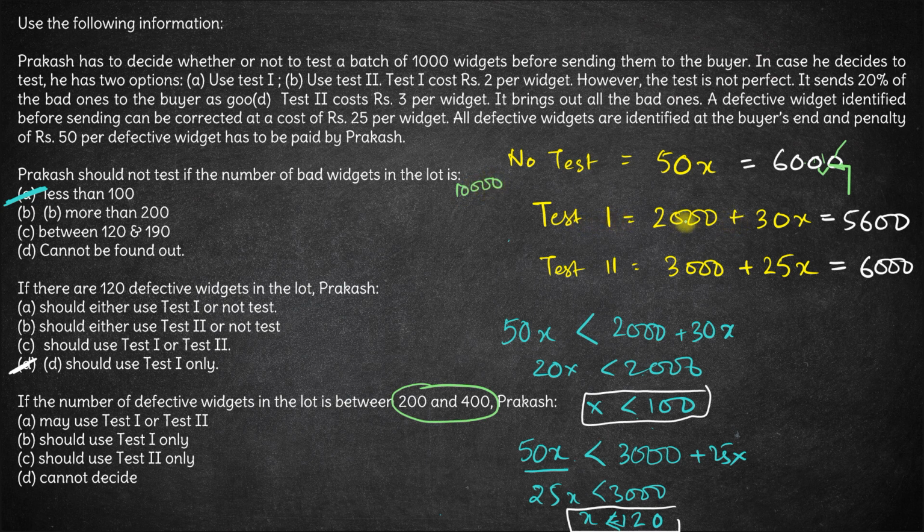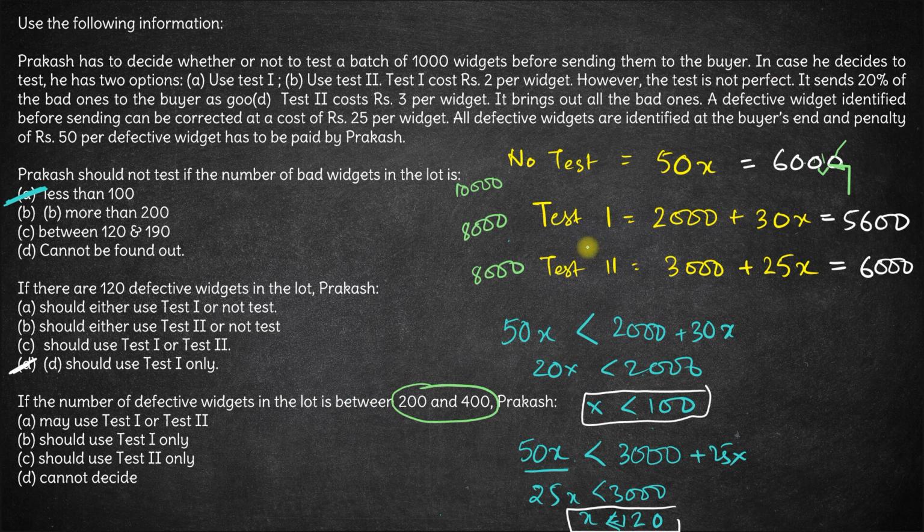Here the cost will be 2000 plus 30 into 200, 6000, which is 8000. And here it will be 3000 plus 25 into 200. So 5 plus 3, 8000. So if the number of widgets is 200, test 1 and test 2 costs will be same.